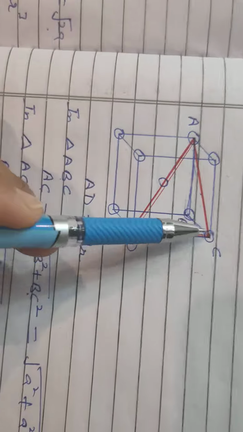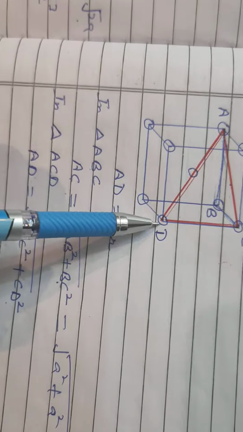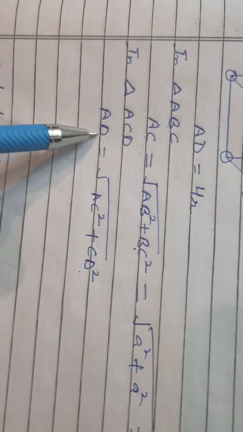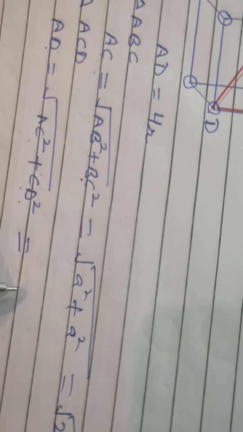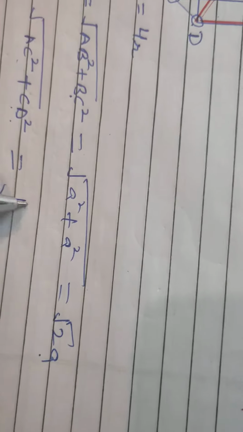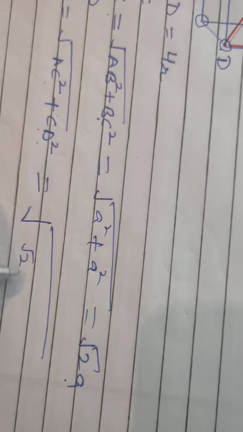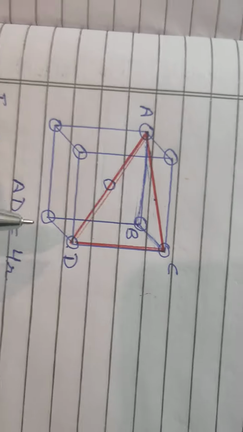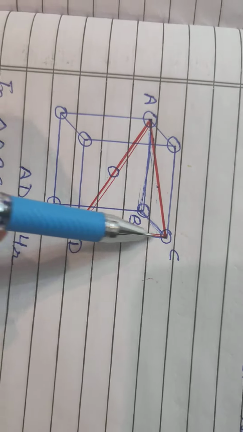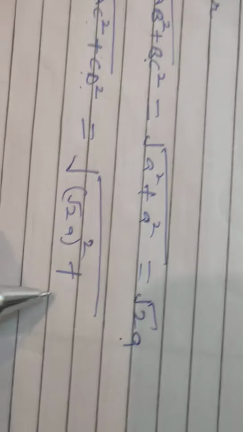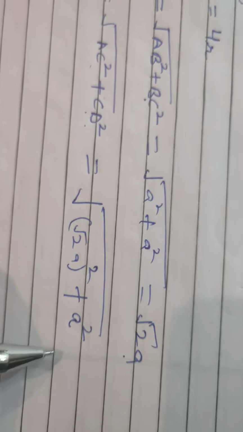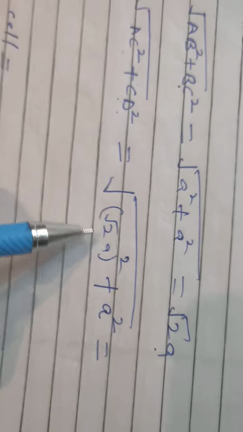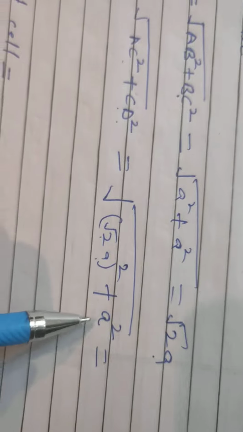Now in triangle ACD, AD is equal to under root of AC square plus CD square. Now AC is under root 2A. CD is A, edge length A. So it will be 2A square plus A square.